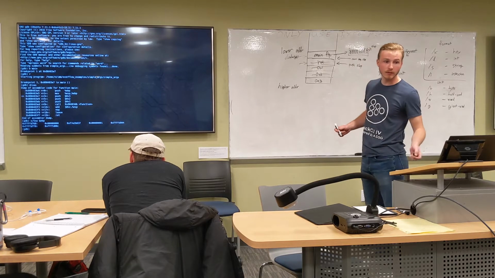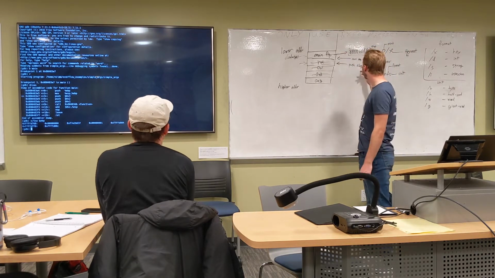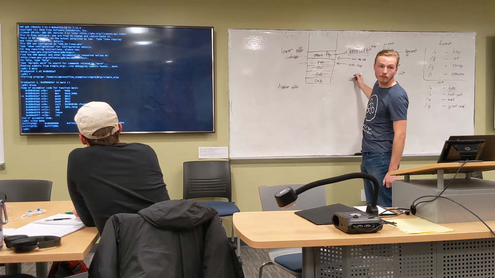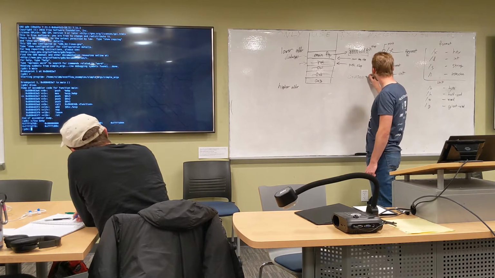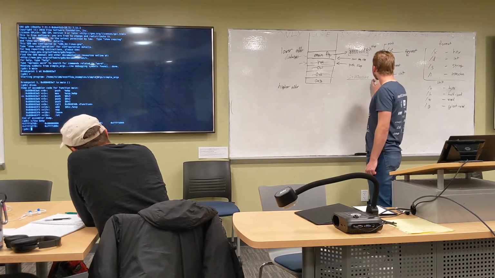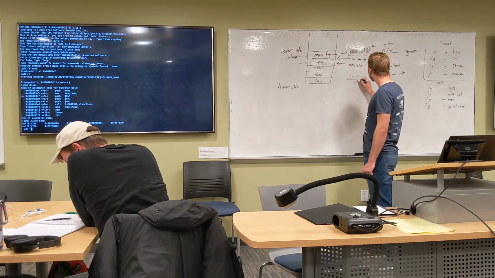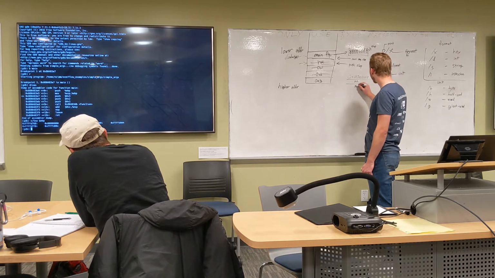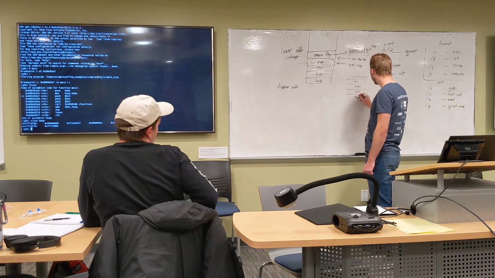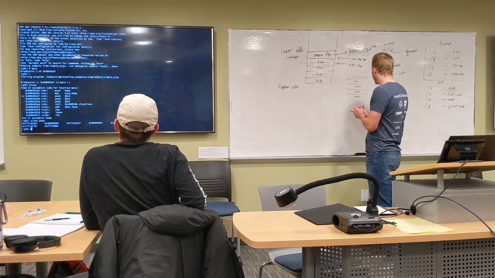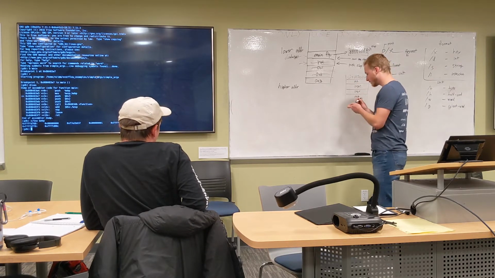So for this one, the saved frame pointer is 0x0. Our return address is here, and then we have argc, argv, and p.